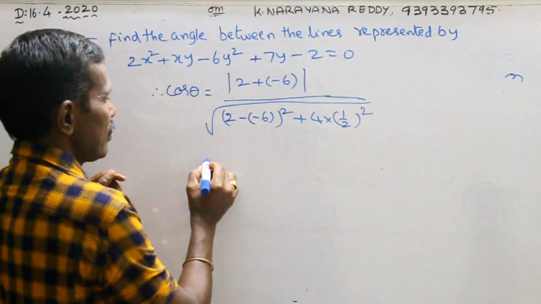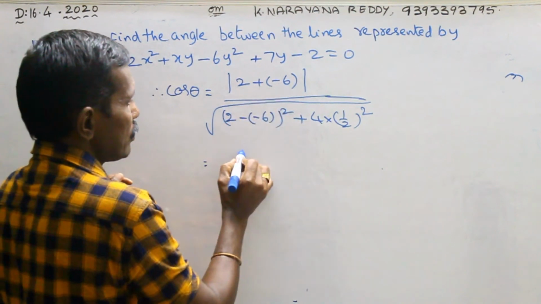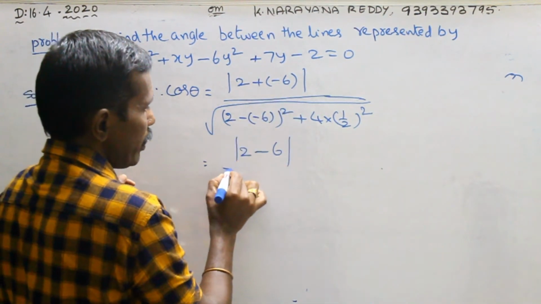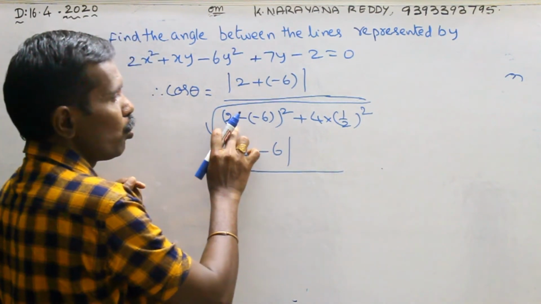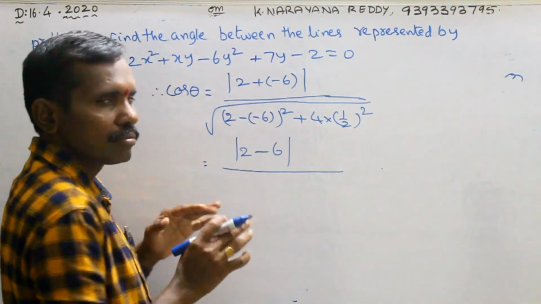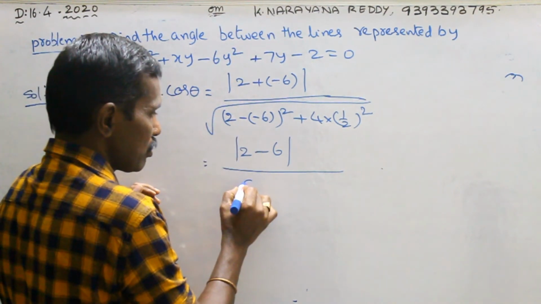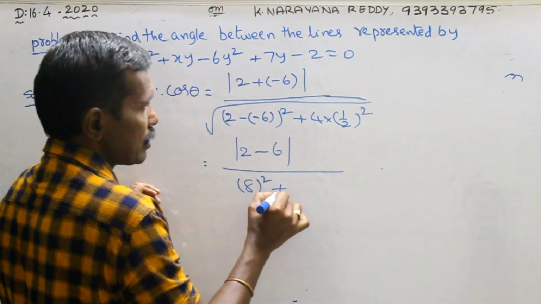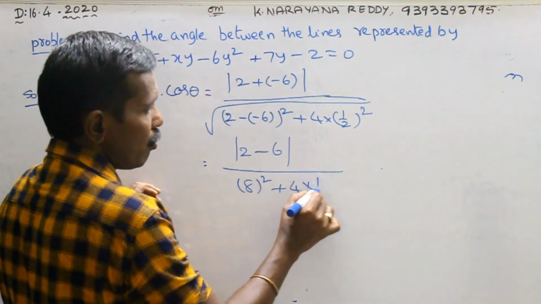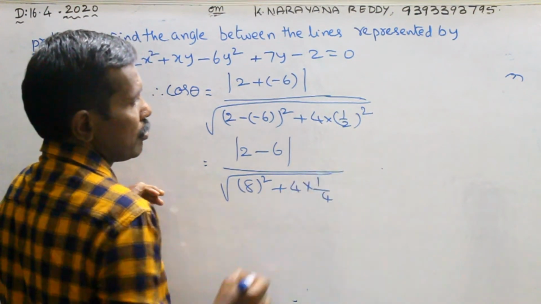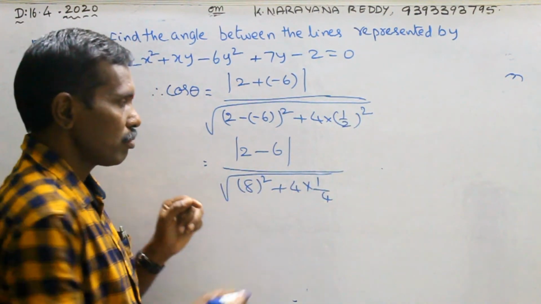Simplify this. 2 minus 6 gives minus 4, and 2 minus of minus 6 is 2 plus 6, which is 8. So 8 square plus 4 into 1 by 4 under root. 1 by 2 square is equal to 1 by 4.